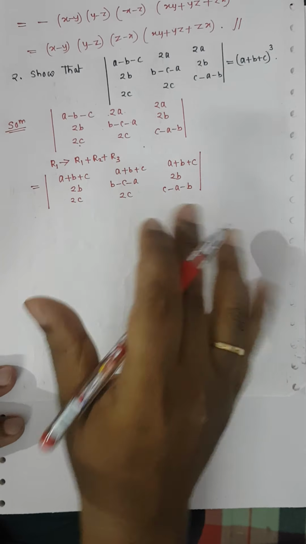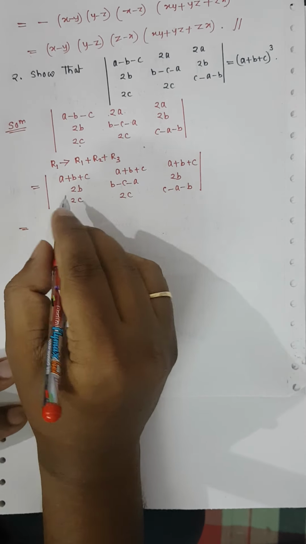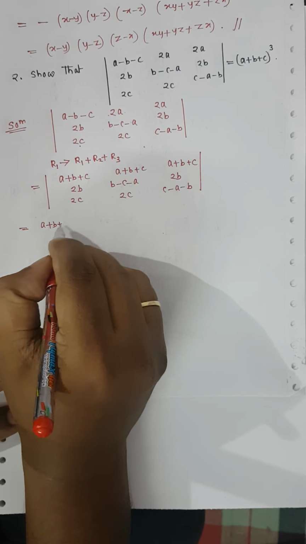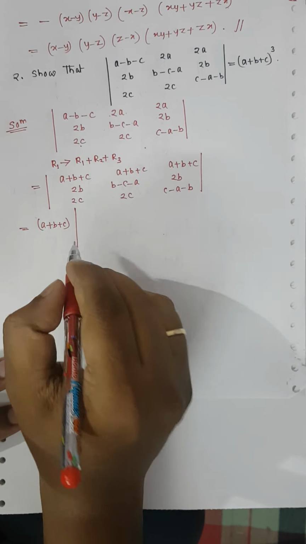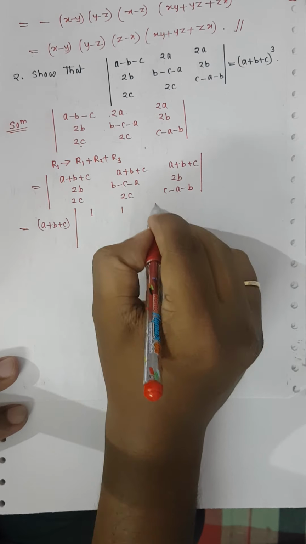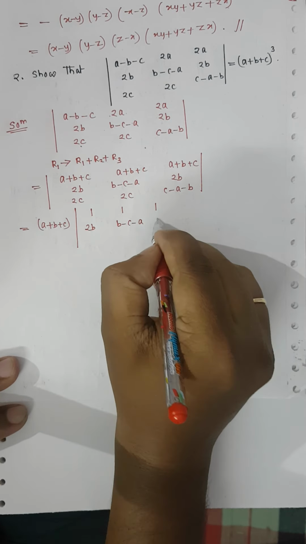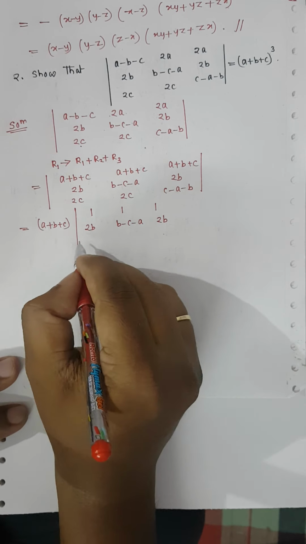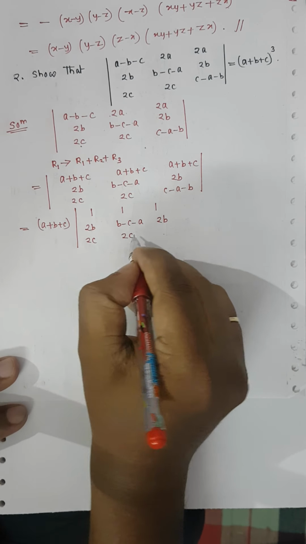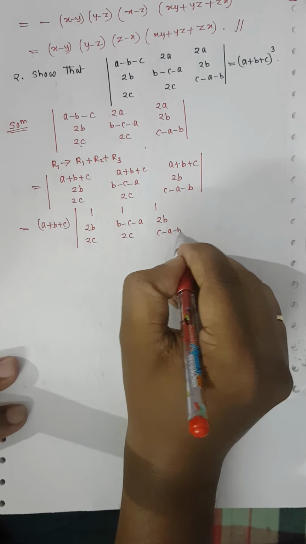Now from row 1 you can take the constant a plus b plus c common. This is a common factor, so row 1 is 1 1 1. The other rows are 2a, b minus c minus a, 2c and 2a, 2b, c minus a minus b.